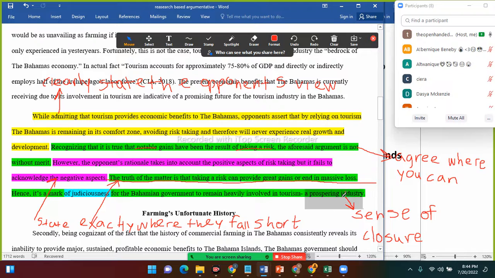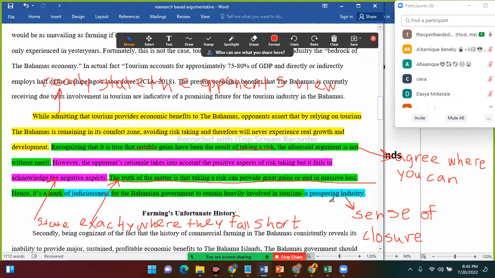And this right here, a prospering industry, reiterates my point from the beginning. I already proved, in the whole paragraph above, that it is a prospering industry. That's what I defended, and I reaffirmed that in the last sentence.